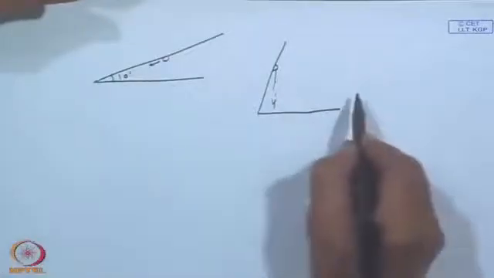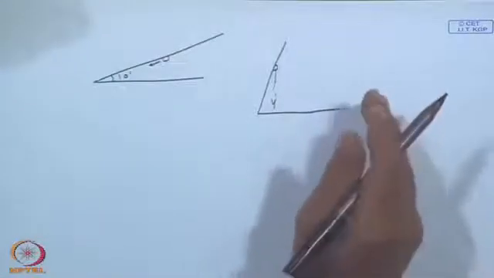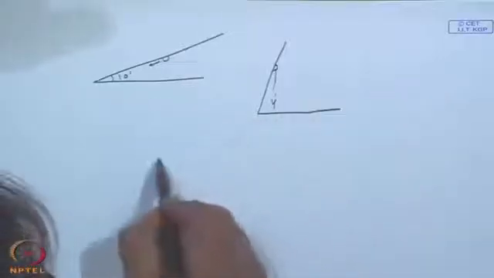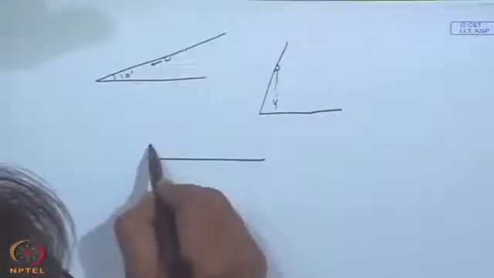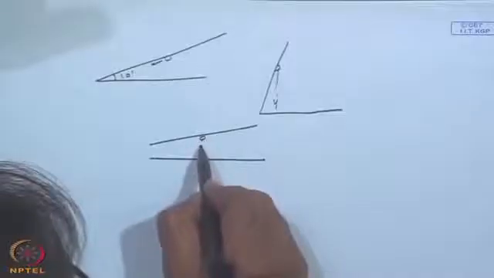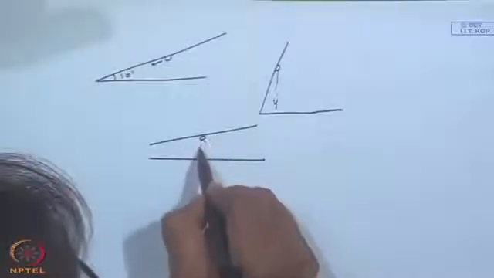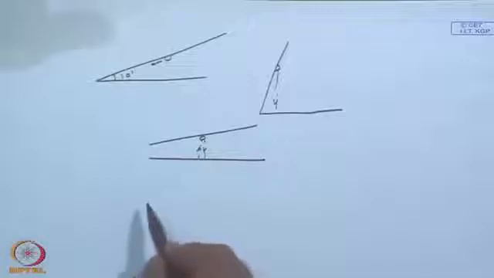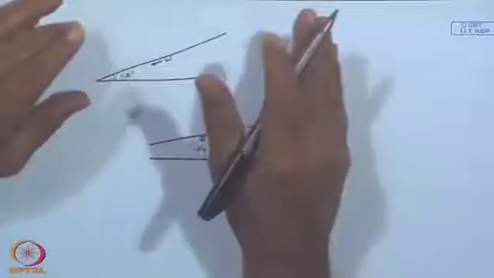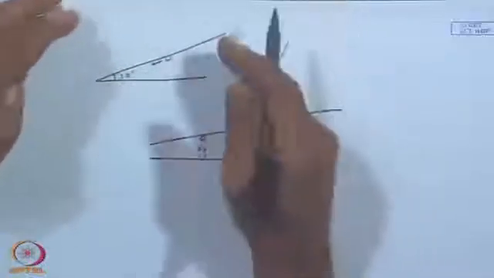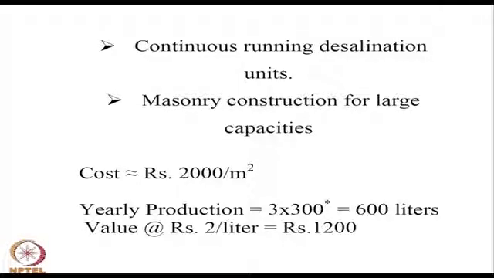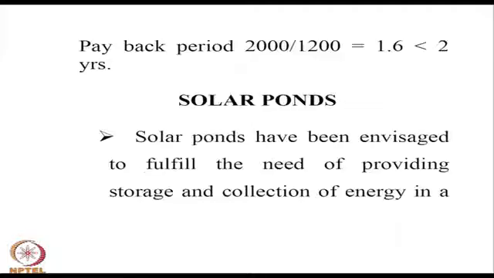And if it is almost horizontal, definitely it will condense and it will fall back. So, if you are almost, okay, something like this, it will condense and then come back. Okay. So, this 10 degree is based upon the surface tension of the water, and the experience has been found to be quite acceptable. So, this is what I have done, less than 2 years.